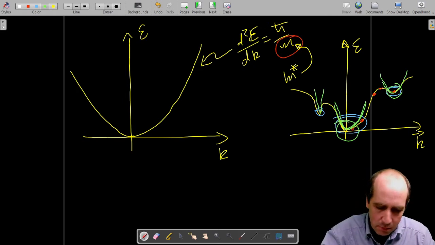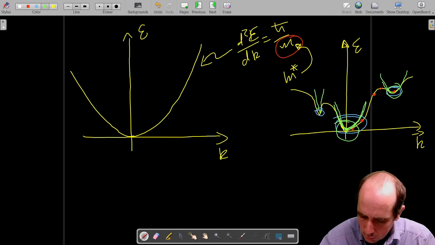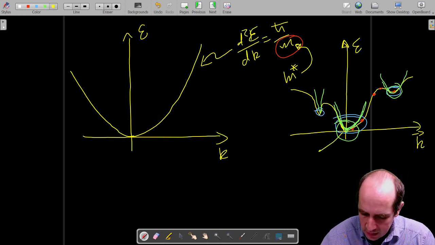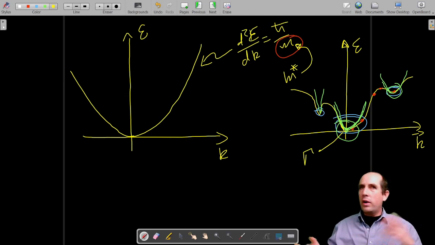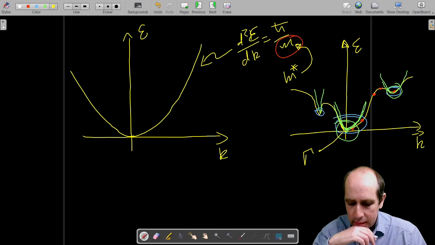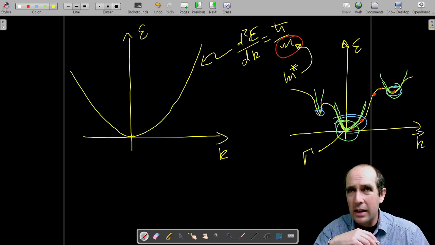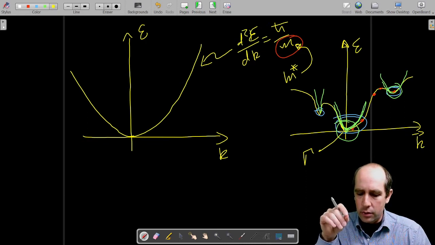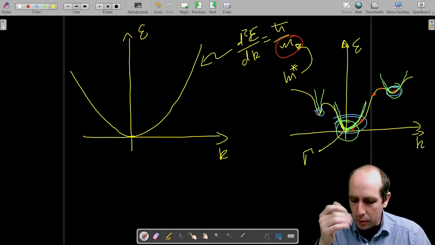For example, this minimum that is close here to zero, the point where k equals 0, is what we call gamma. So k equals 0 or gamma are synonyms. They mean exactly the same. So when we say the gamma point, we are referring to the point of zero k vector, the origin in this reciprocal space.